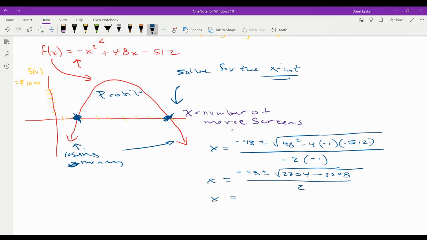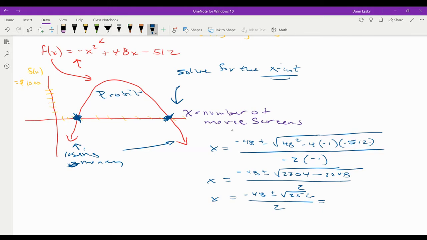So if I'm looking at this here, let's clean this up. We're going to subtract 2,304 minus 2,048 gives you 256. So I got negative 48 plus or minus the square root of 256 all over 2. But I can tell you that the square root of 256 is 16.